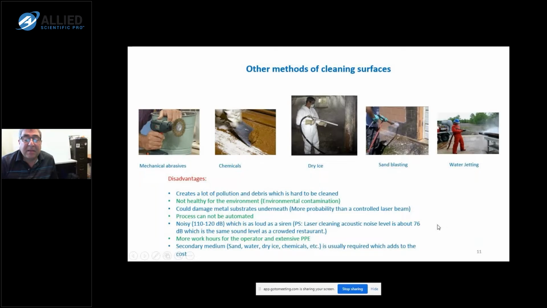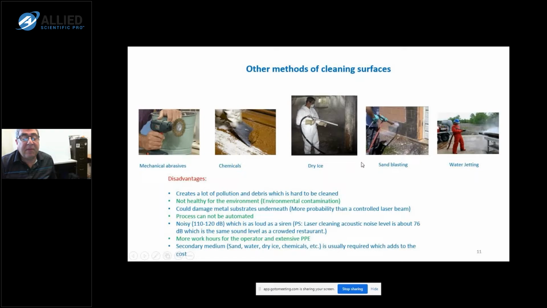And all these methods have a few drawbacks because, first of all, they contaminate the environment. You can see all this paint, which could even be lead paint, something toxic, would go into the environment and could potentially even go into water supplies. And the workers need heavy personal protection equipment because the secondary medium could bounce back and hit them. And these cannot be automated.